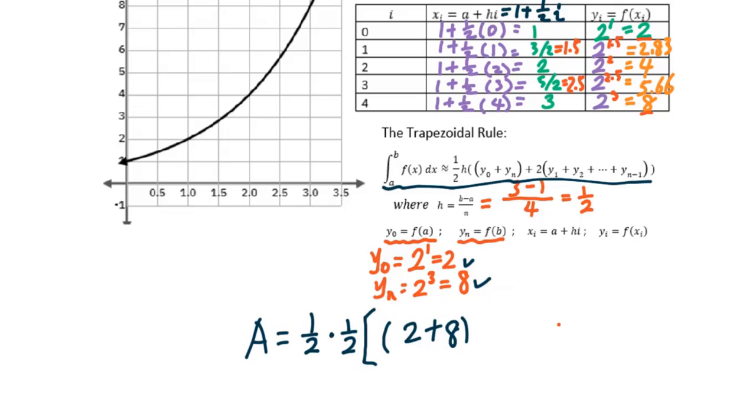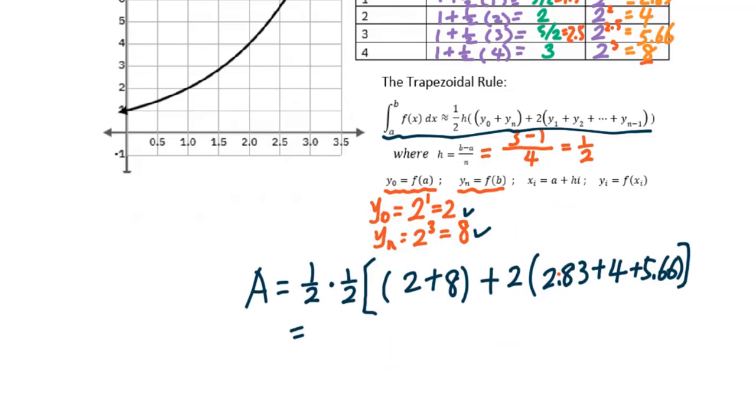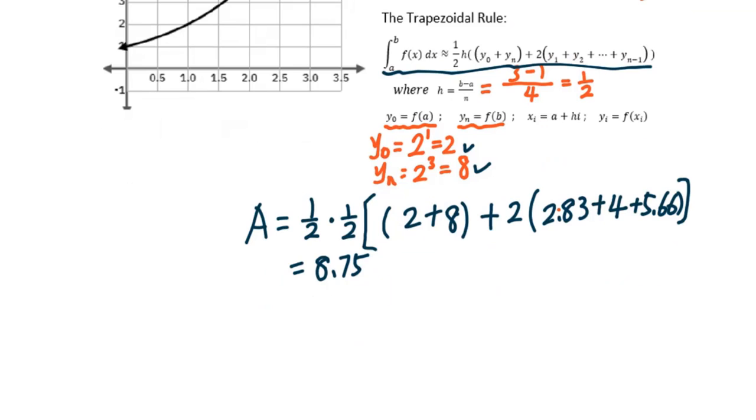Then parentheses plus 2 times 2.83 plus 4 plus 5.66. Then we put it into a graphing calculator, you will get 8.75.